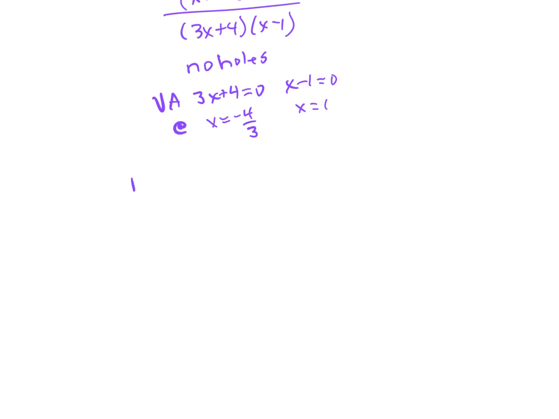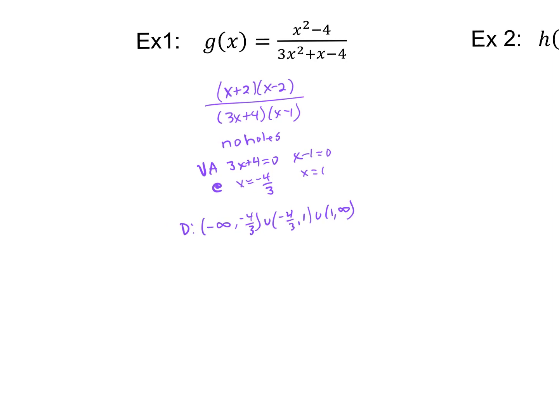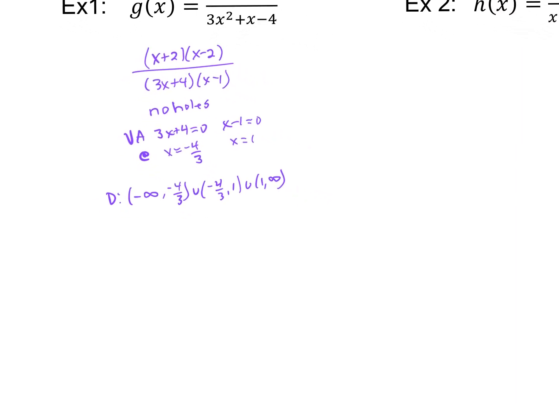So to state our domain for this particular set, we would say it's going from negative infinity to negative 4/3, from negative 4/3 to 1, and then from 1 up to positive infinity. Okay, so that's how we would state the domain.